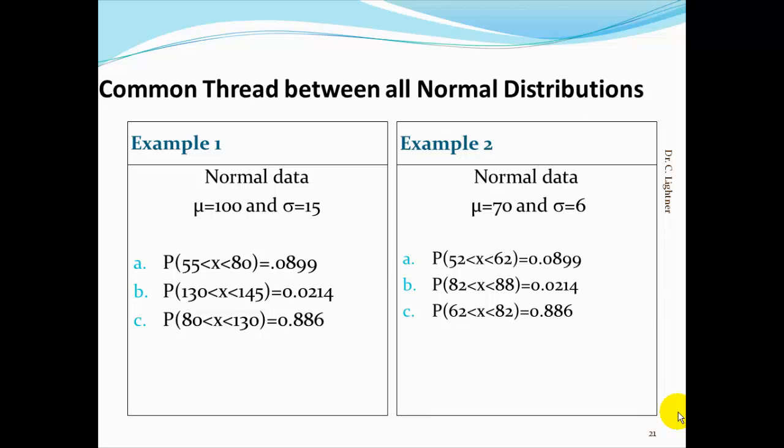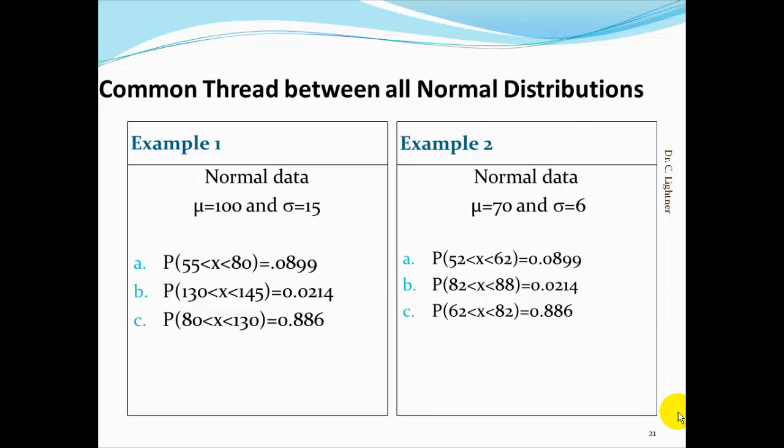If we look at part B of example 1, we asked for the probability that x falls between 130 and 145. We obtained a probability of 0.0214.